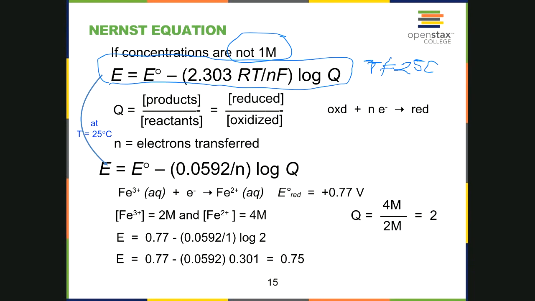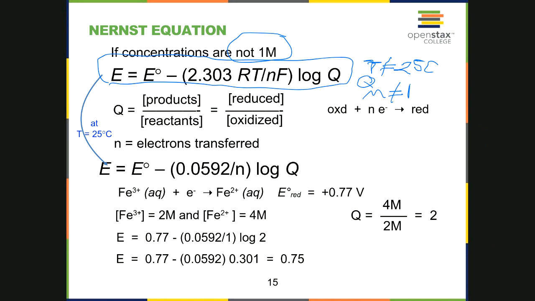In this equation, that's reflected in Q, which is a ratio of the concentrations. So that's what this first equation is doing.